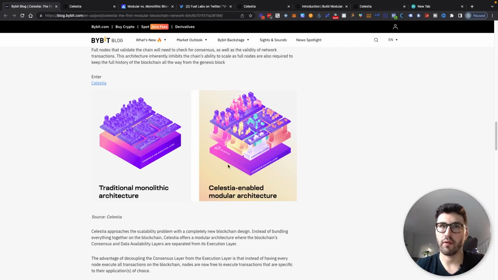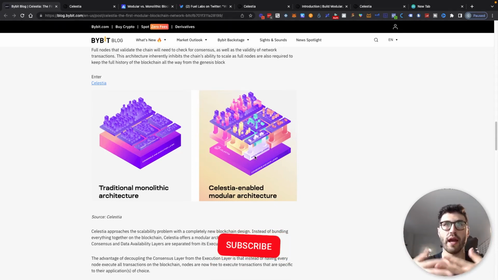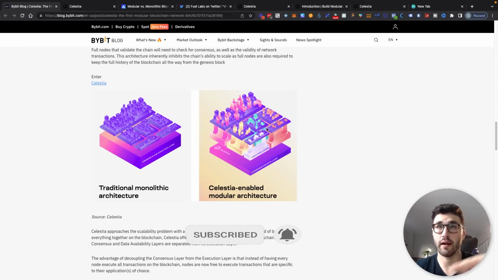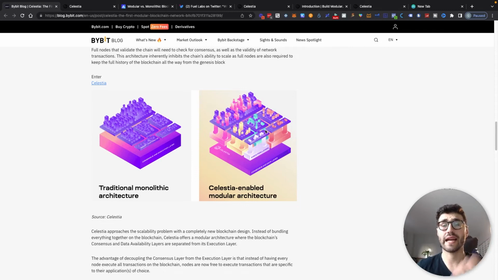So now you might think, why haven't monolithic blockchains been modular since the beginning, right? And the thing is that it seems easy from a visual perspective, but when it comes down to actually gluing everything together and making sure that this layer talks to this layer and then to this layer, technically it's a very complex matter, right?